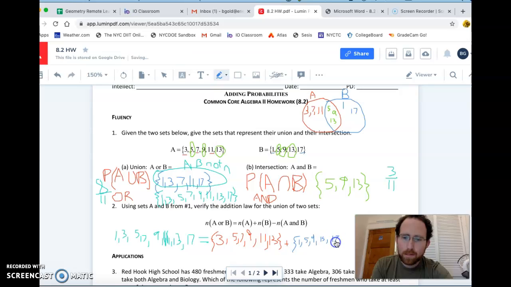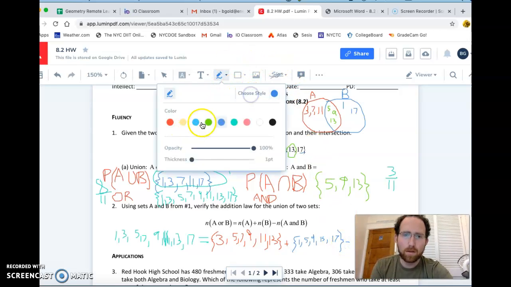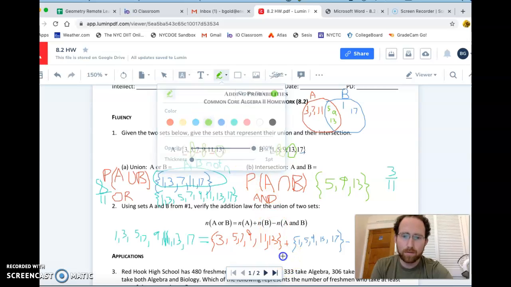Now it wants us to subtract the A and B, our intersection here. And that is going to be 5, 9, and 13.